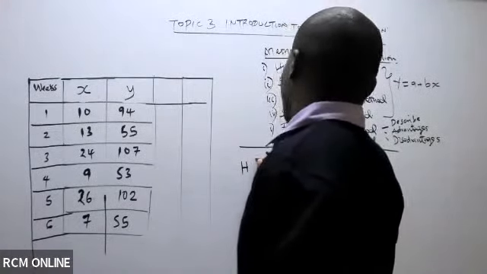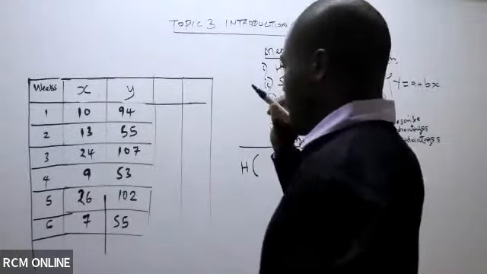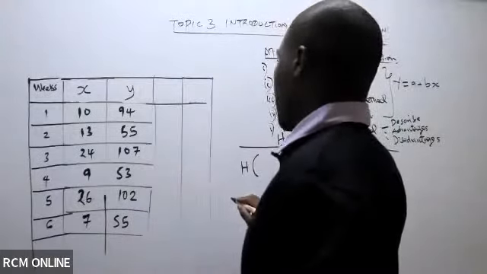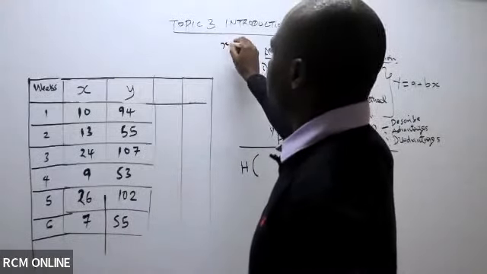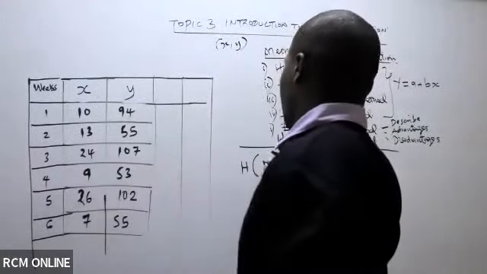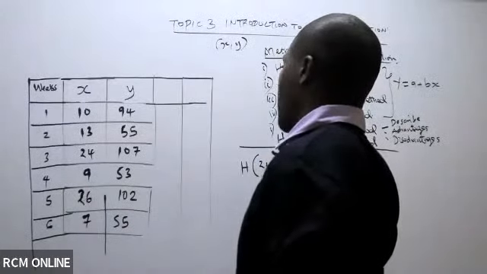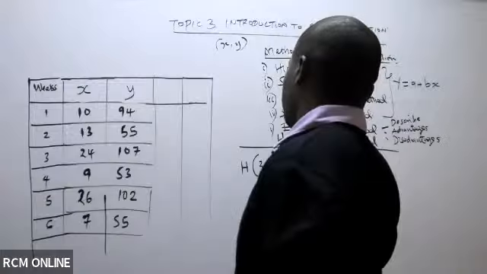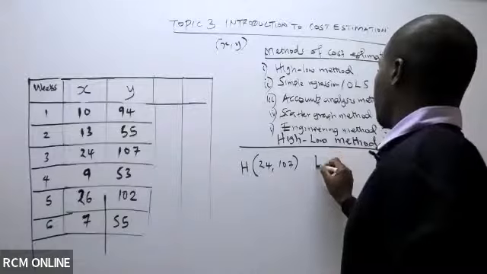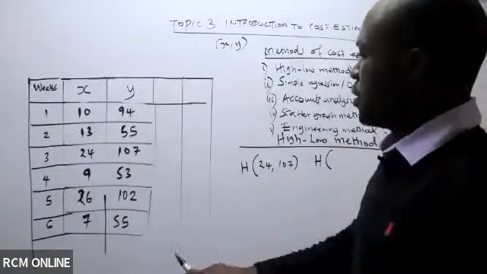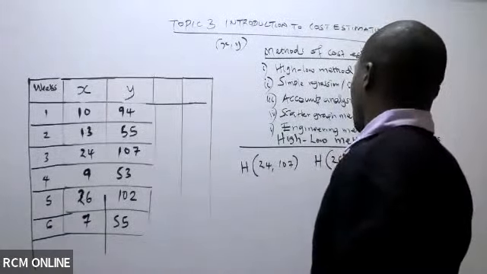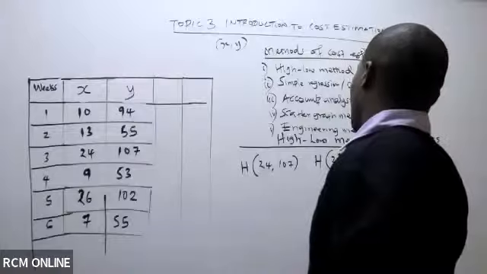I did that intentionally. Somebody will come and tell us the highest value here is 107. Because coordinates must be X, Y, they'll be referring to the corresponding figure, so they're talking about 24, 107. Then somebody will say no, the highest value should be 26, so we'll be talking about 26, 102.